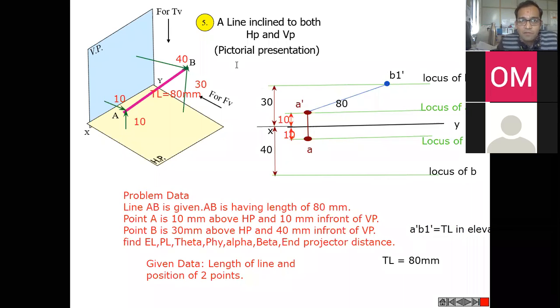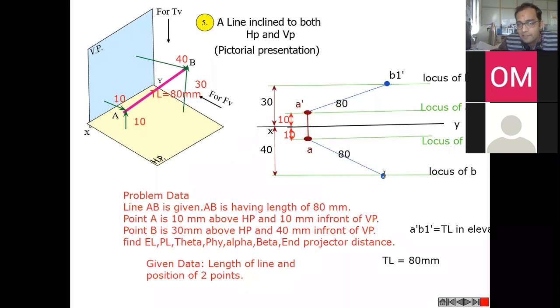Now what we are going to do, we are going to place similar kind of true length in plan also. So from A, I'll be defining an arc of length 80 mm. It should be on locus B, and when it intersects at locus B, A से arc लगाएंगे with the arc length of 80 mm.